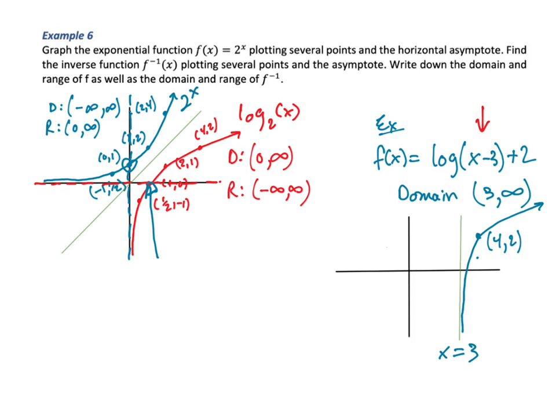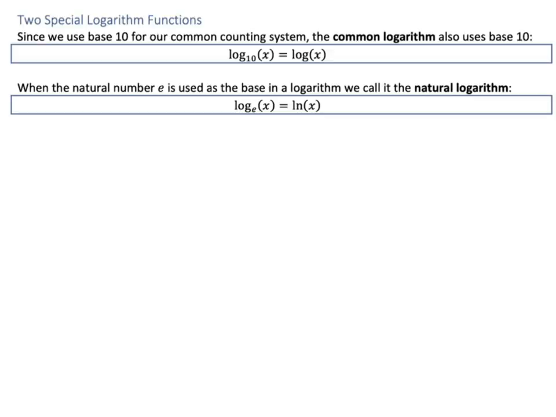Now, most calculators do have two log functions on them, the common log and the natural log. Since we count in base 10, that's how we count 1, 2, 3, 4, 5, 6, 7, 8, 9, 10. If we use base 10 for our logarithm, that's called the common log, and the shorthand, rather than writing the subscript 10, is just log of x.